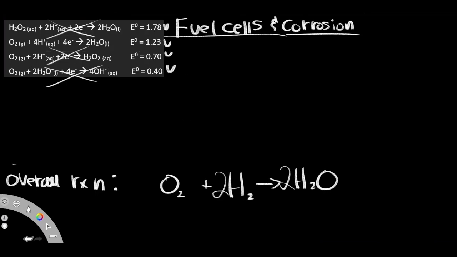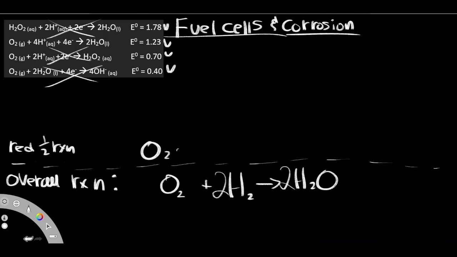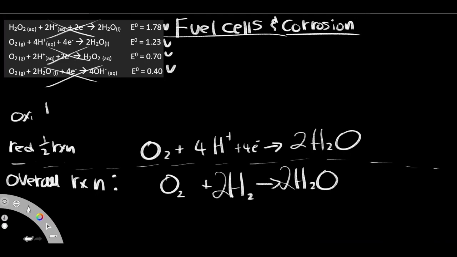This was all going to be summed up, so I'll put a little dividing line over there, and the top portion is going to be the reduction half reaction, and I'm just going to copy exactly what I see. Don't worry about the states right now. So if this is our reduction half reaction, we're missing the top one up here. We have to have an oxidation half reaction as well.